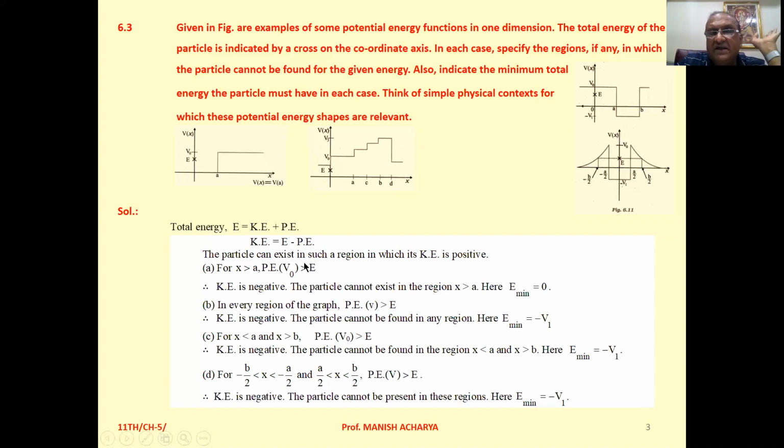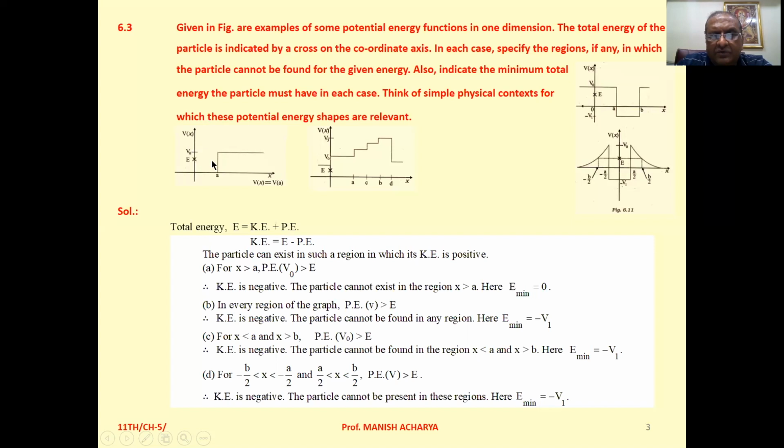It is never negative. It implies that in the region in which the kinetic energy is negative, the particle cannot be found in that region.